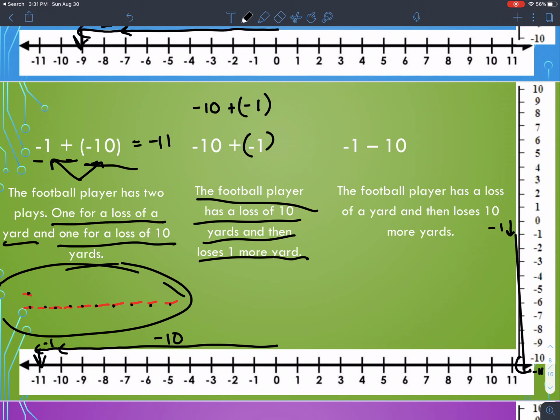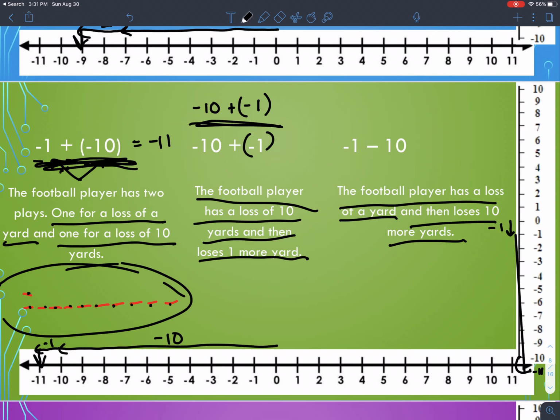And our last example is writing this problem, honestly, a little bit simpler than what we're seeing in our first 2 examples. They're written as addition problems. We can also write that as a subtraction problem. It's the same as the football player having a loss of a yard and then losing 10 yards. So losing 10 yards means subtracting 10 yards or going down 10 yards.